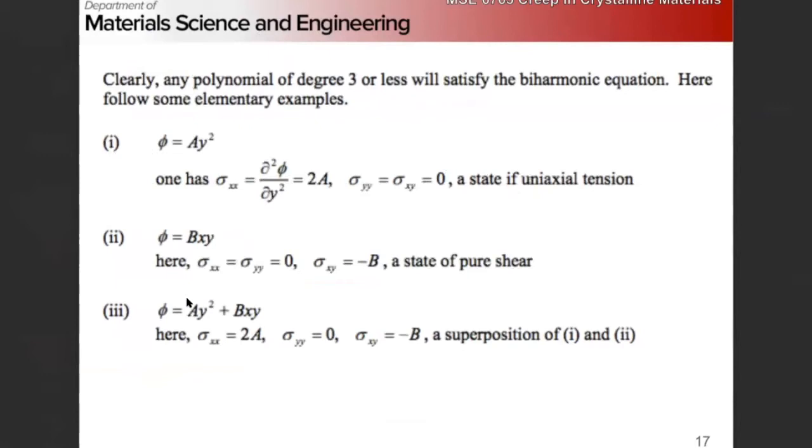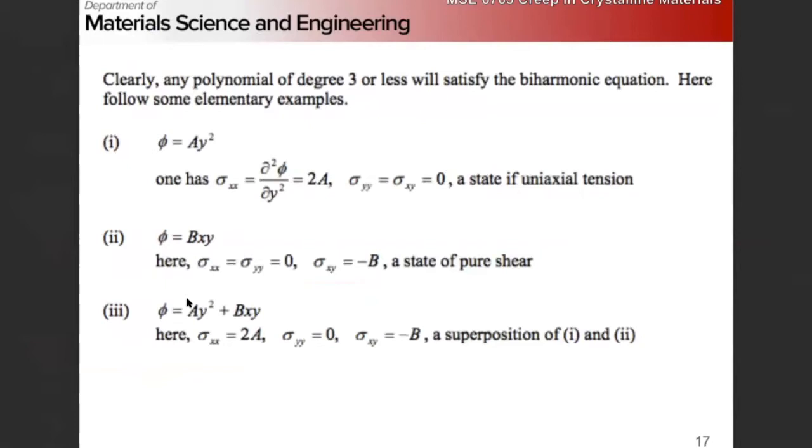We take our derivatives, and we have a stress field, and that's going to be an admissible stress field under some set of boundary conditions. So if we take our Airy stress function to be some constant times y squared, we plug it in, we take our derivatives, we get sigma xx is 2a, sigma yy and sigma xy are 0.